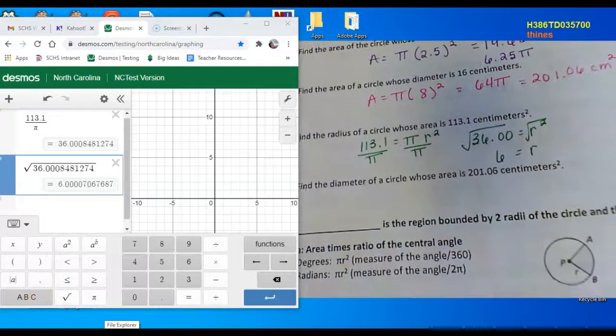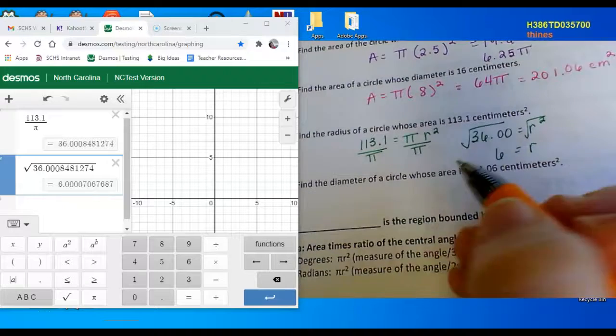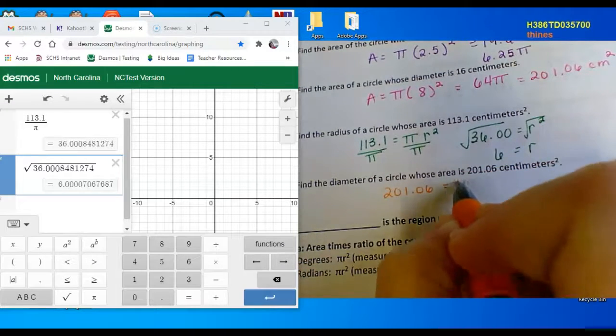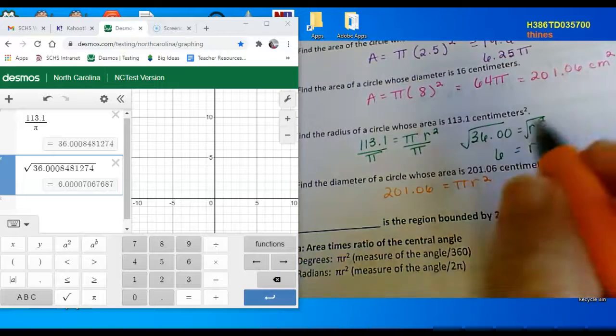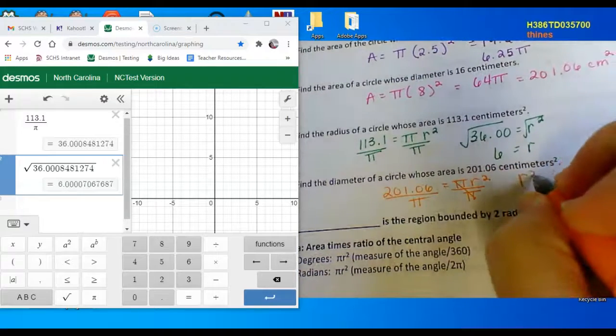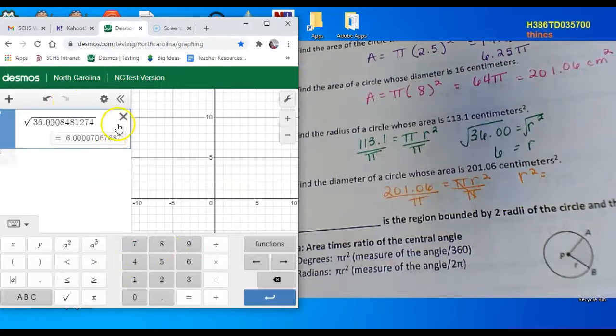Okay, number 12. Find the diameter of a circle whose area is 201.06. So if the area is 201.06, I know that's equal to pi r squared. So I'm going to divide by pi first to get the r squared. And some of you had kind of rounded it, and it'll be okay to do that. Just be really careful, because sometimes it might round it strangely. So 63.999.